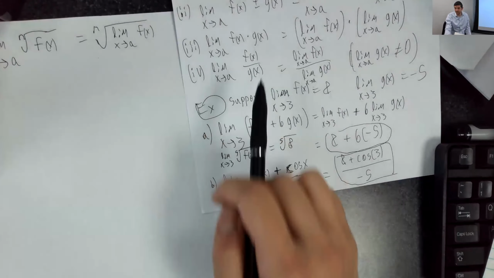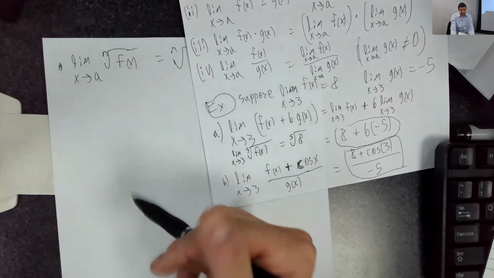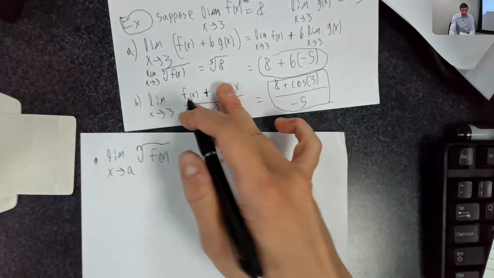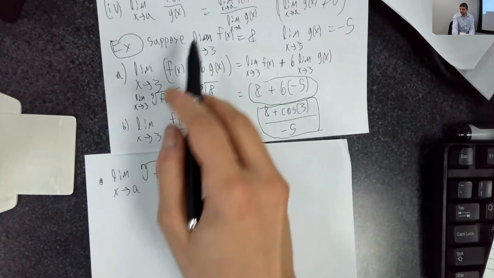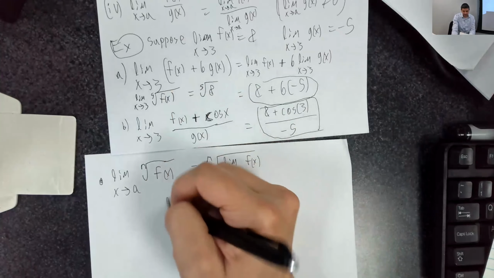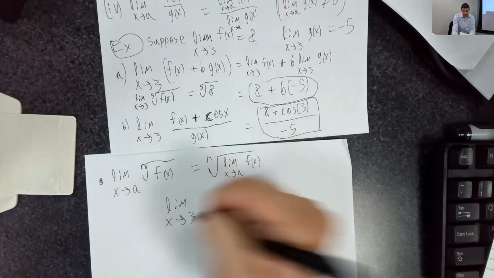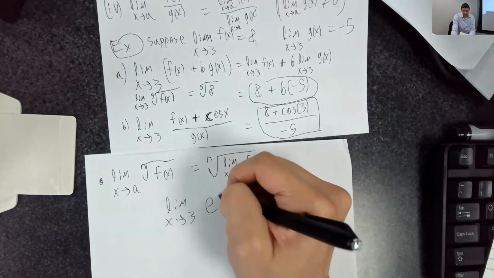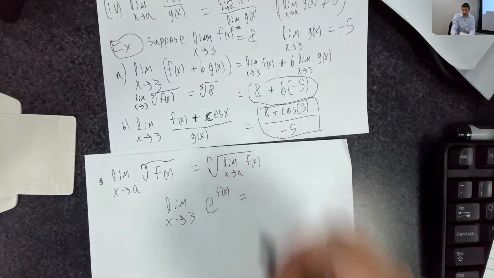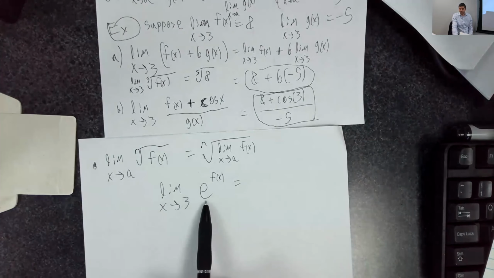So it's just basically doing what you're used to. Even without this theorem, it might even be easier just to ask you a question rather than give you a theorem. Say, the limit as x goes to 3 of e to the f of x. The idea is e to the x is a continuous function.